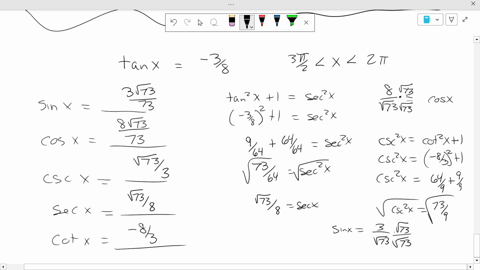Are we done? Does it look good? No, we are not done. What did we forget? The positive or negative signs. What quadrant are we in? 1, 2, 3, 4.